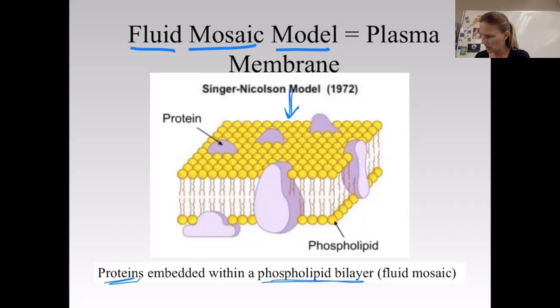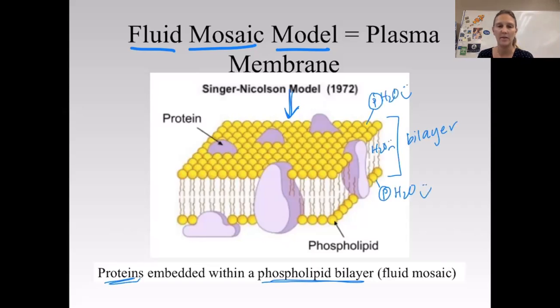So again, here is our phospholipid bilayer. Remember, we have hydrophobic tails with our polar hydrophilic heads facing both the inside and the outside of the cell, because those are both watery environments.